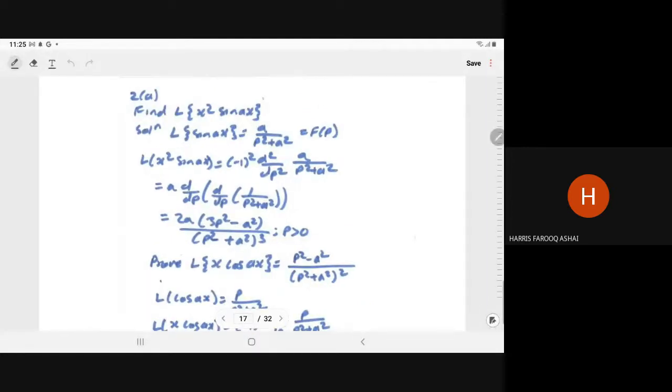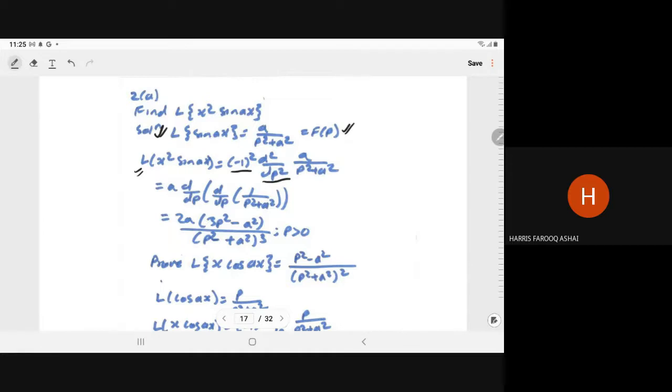Now let us find the Laplace transforms of some complex functions. Find L of x^2 sin ax. We know from the formula that the Laplace transform of sin ax is a upon p^2 plus a^2, call it F(p). So L of x^n f(x) is (-1)^n d^n by dp^n of F(p).